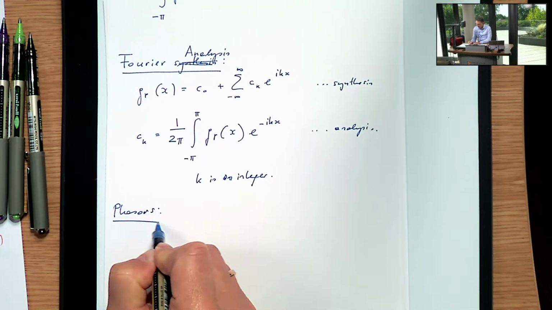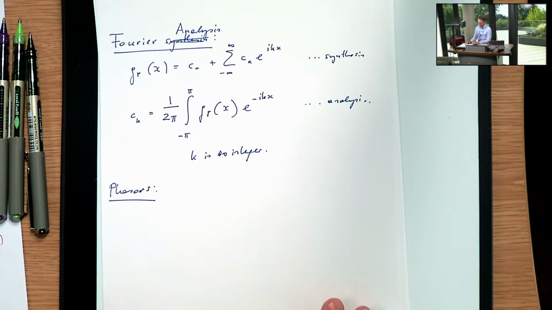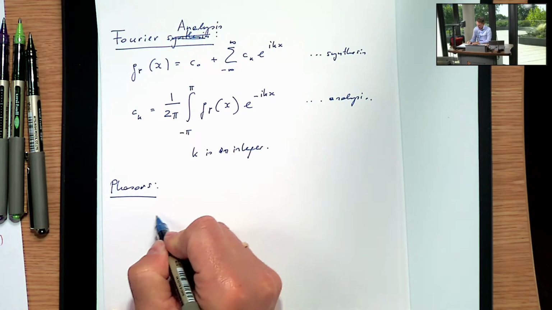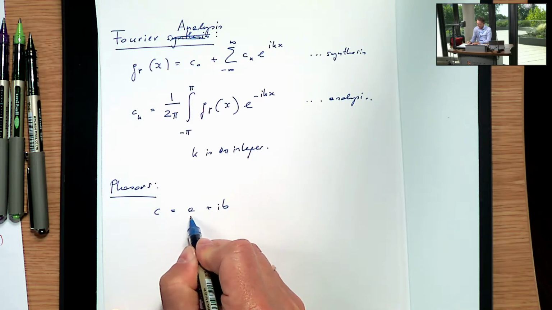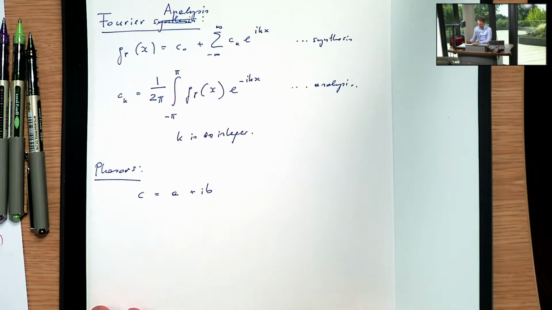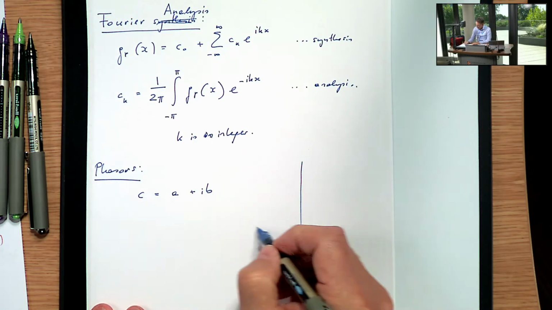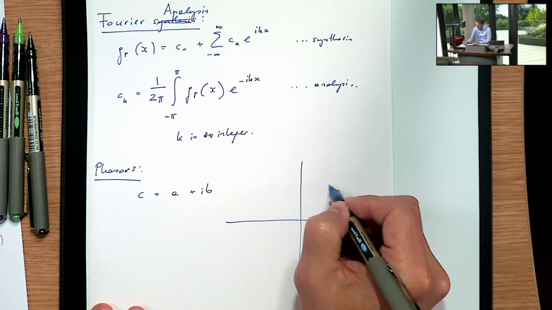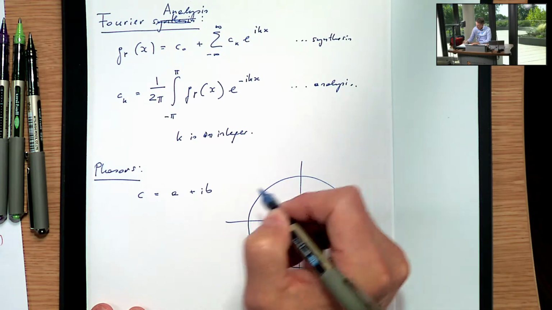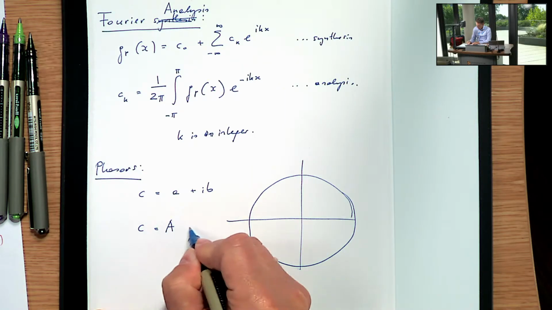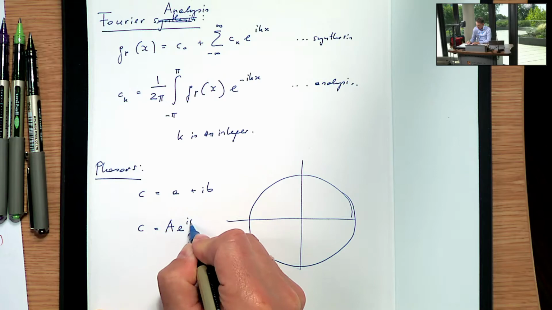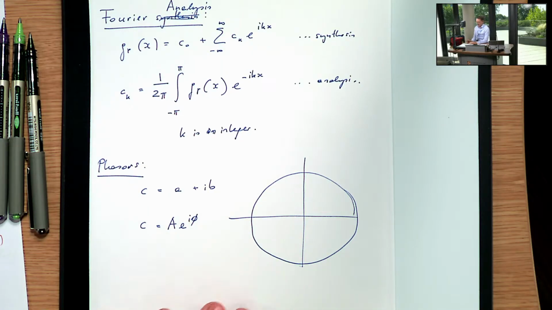what a phasor is. We remember that a complex number can be written C equals A plus iB, as a real and an imaginary part. And we've already plotted this in Euler notation. You can write the same number with an amplitude and a phase term.